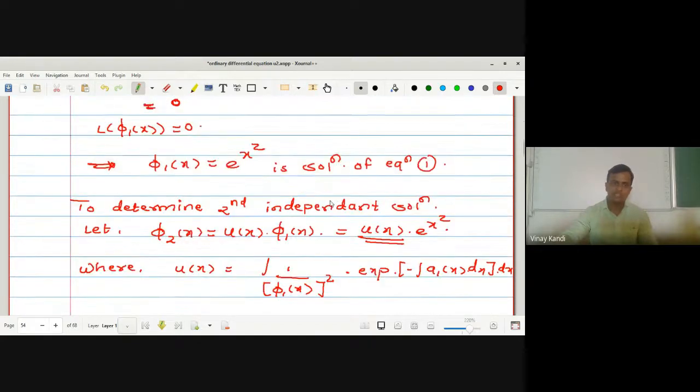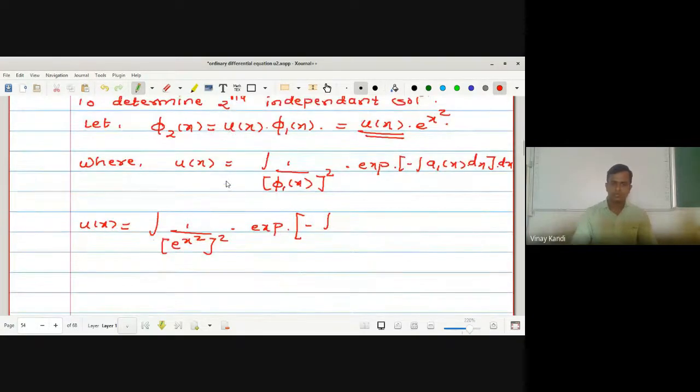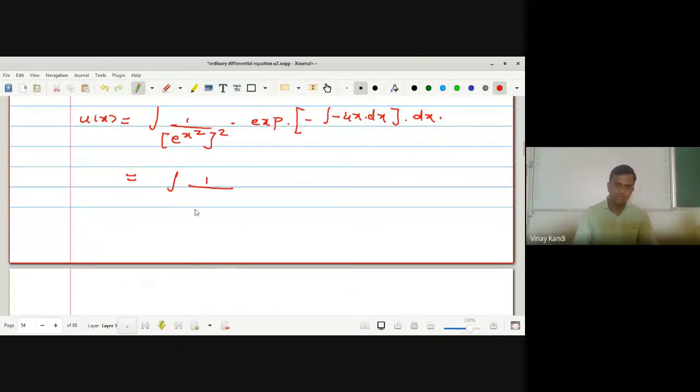Look here, the coefficient of y dash: minus 4x. So minus (minus 4x) into dx in the bracket, dx, which is equal to integration 1 upon e raised to 2x square. Any doubt?